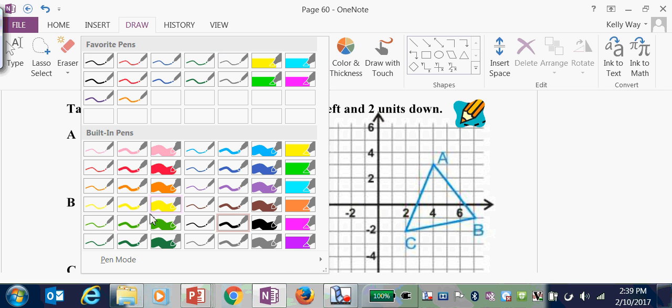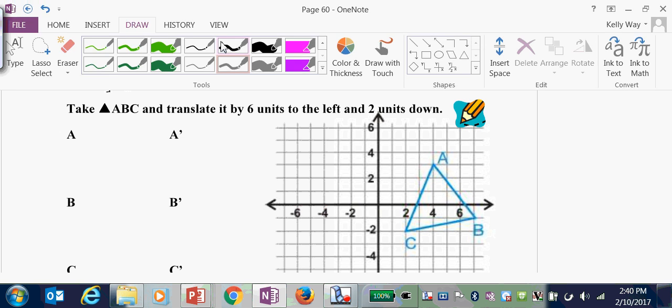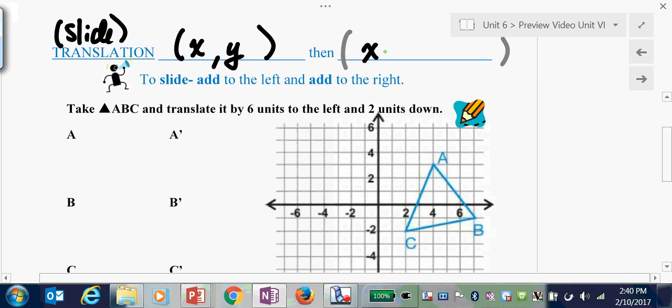We translate by a horizontal factor and a vertical factor. So you take your x coordinate and you add your horizontal factor because that's your horizontal coordinate.